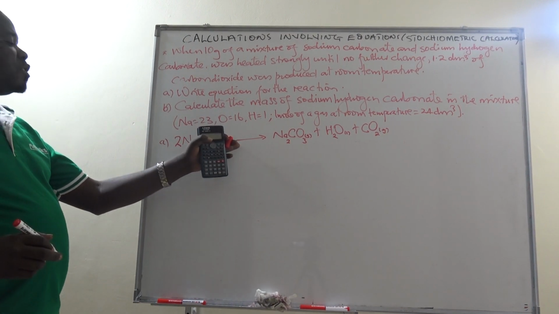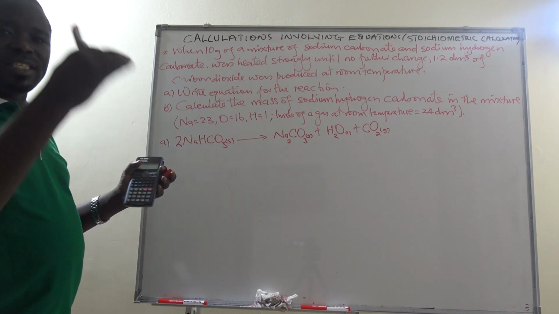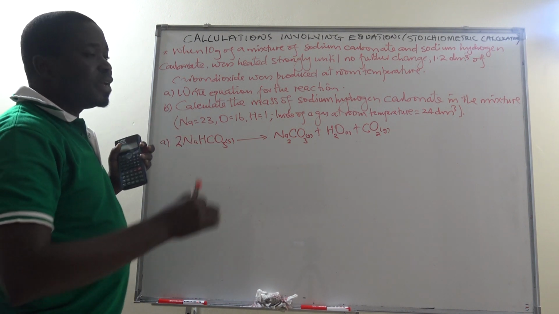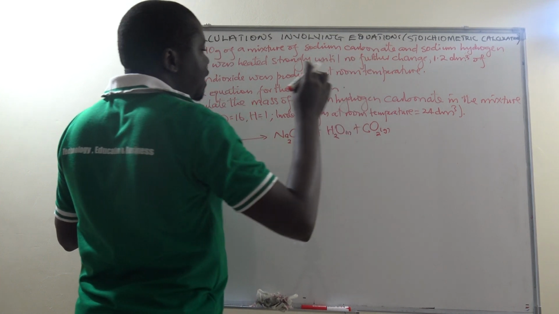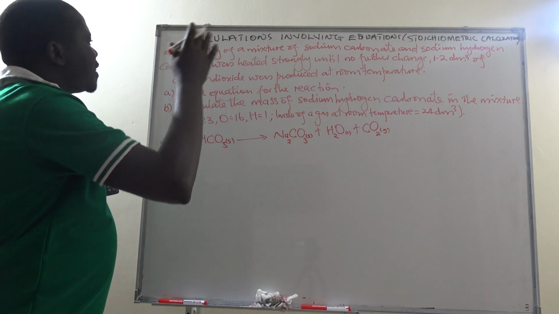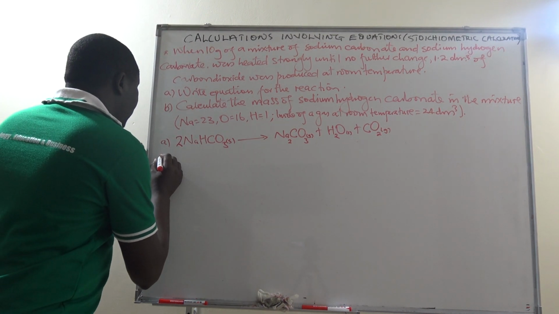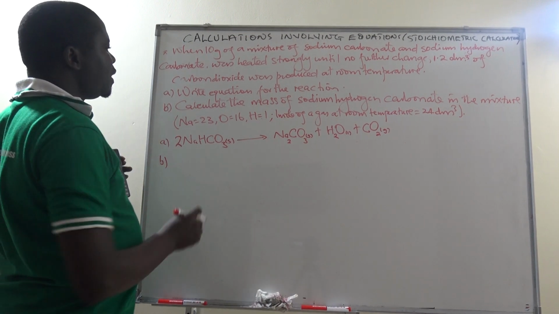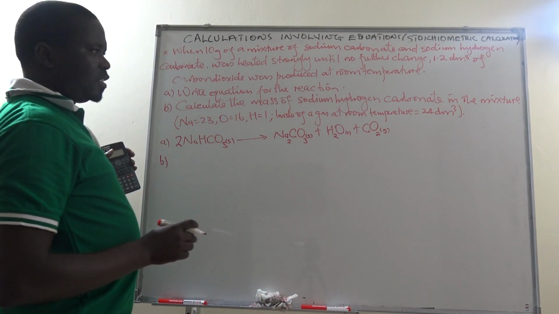So this is the equation for the decomposition of sodium hydrogen carbonate, which is the equation for the reaction that took place. So there is nothing like decomposition of sodium carbonate, but it is only the decomposition of sodium hydrogen carbonate because it is the one that can decompose to produce carbon dioxide gas. Let's go to the next part, part B. Calculate the mass of sodium hydrogen carbonate in the mixture.